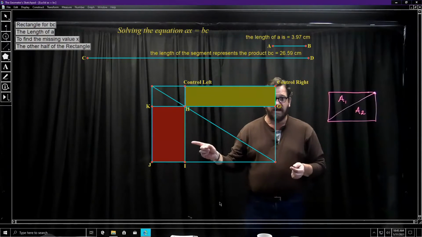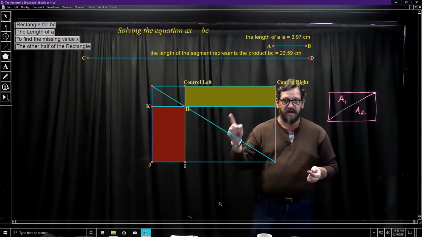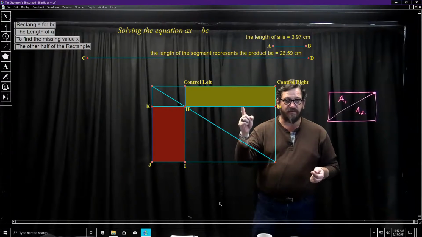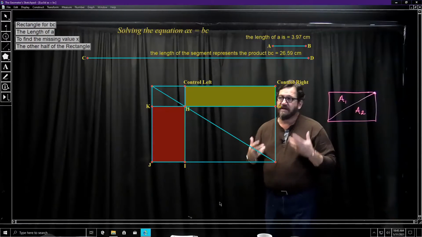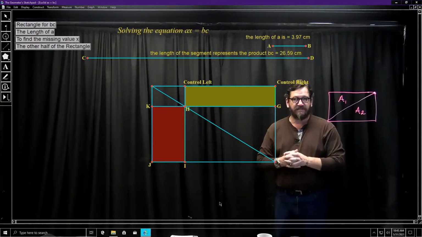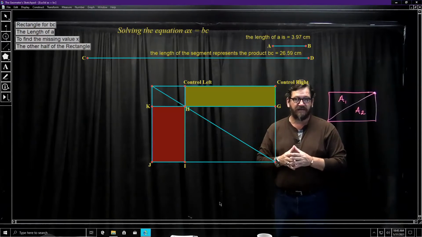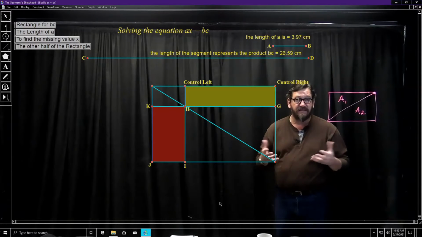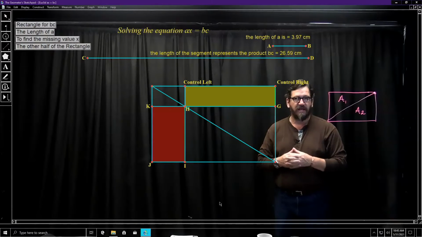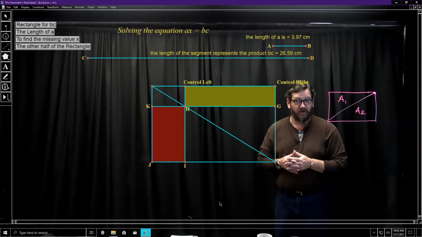Namely that this red rectangle must be equal in area to this off-green rectangle. And because of that, the Greeks satisfied themselves that they had found a solution to AX equals BC. And it is a construction solution. It's not the algebra that we think of, but it's the geometry of why that algebra works. I hope this helps.